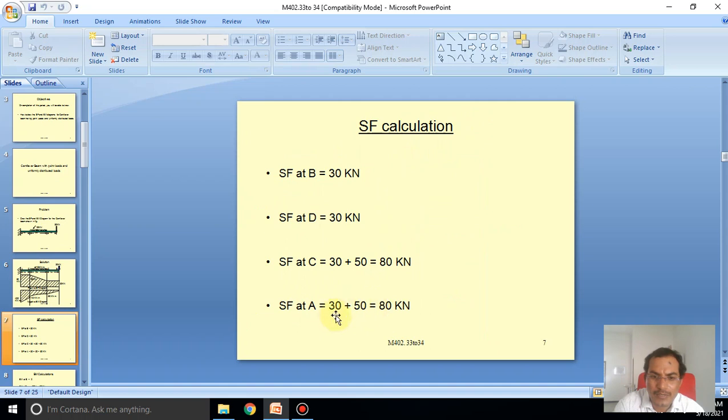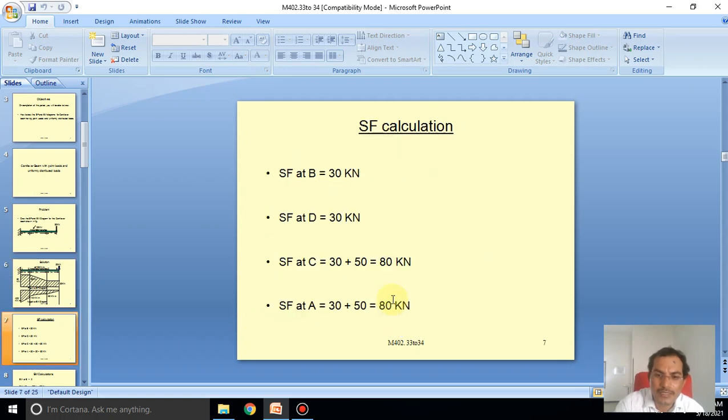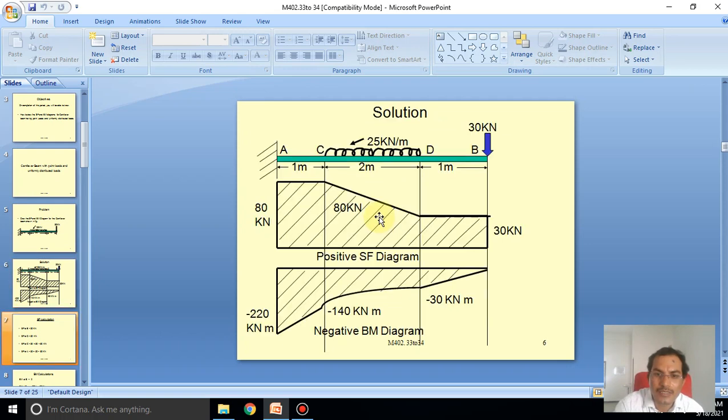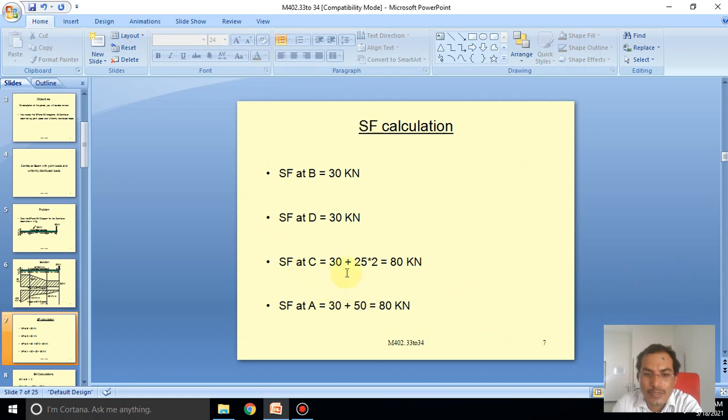And 25 into 2 is the equal answer, right. However, in this topic we discuss at the C point.